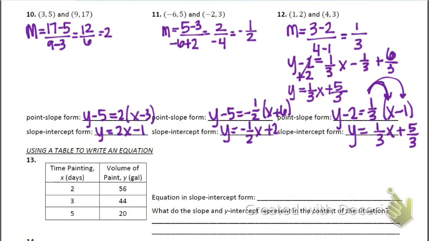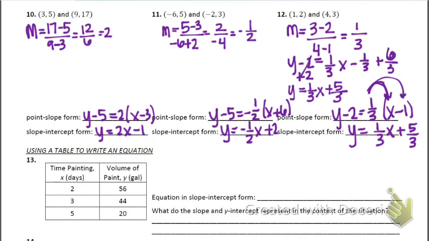So David asked, do we have to put it as an improper fraction? I for sure do not want this as 1.667. Do not give it to me as a decimal. And please do not give it to me as 1 2/3, because 1/3 x plus 1 2/3 is just not how we write it.